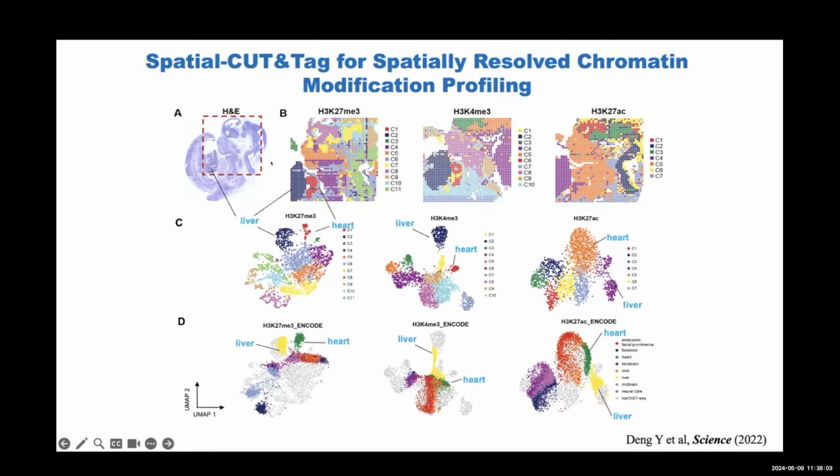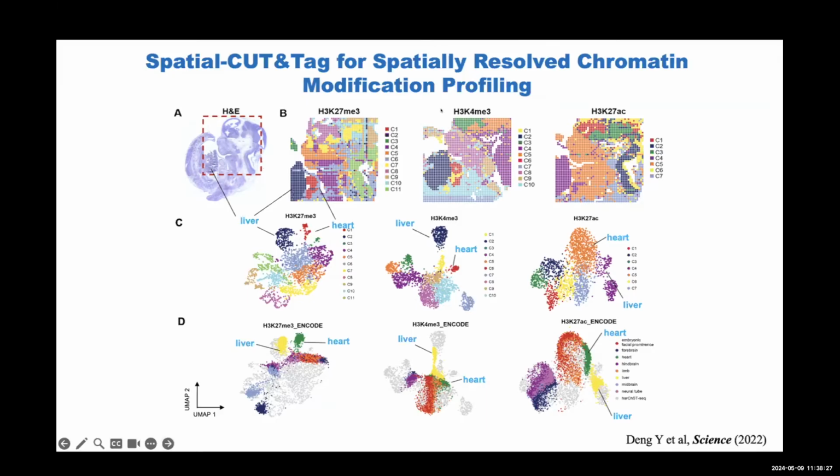Even just by looking at the multiplex histone modification analysis across adjacent tissue sections, you can already appreciate that different histone modifications control the different tissue types in different regions at this particular stage of the mouse embryo.